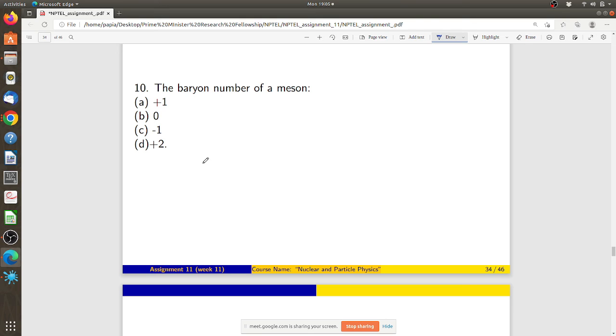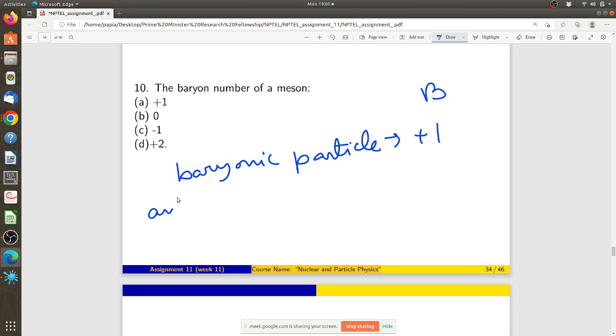See, baryon number of a meson. A meson does not have a baryon number because baryon number will be +1 for baryonic matter. Okay, I am writing here. A baryonic particle has +1 baryon number. An antibaryonic particle has -1.